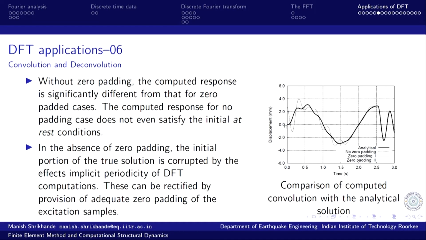And with the 0 padding, the solution actually matches very well with the analytical solution. For a small length of padding, there are some ripples over the peaks, but for a larger 0 padding, it is almost indistinguishable from the analytical solution.